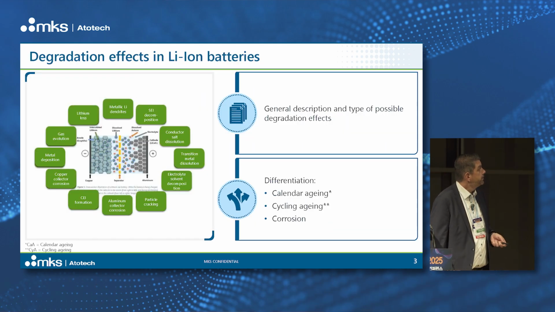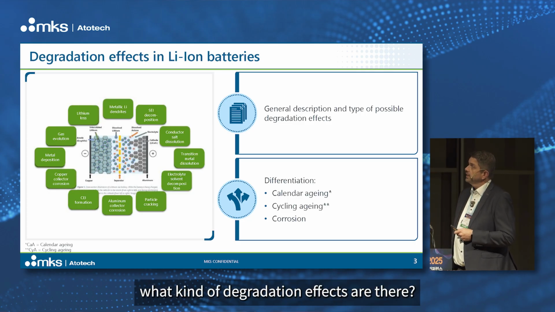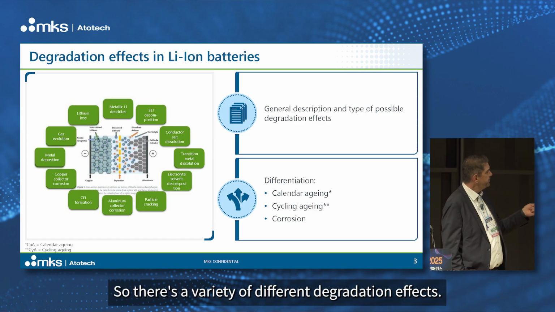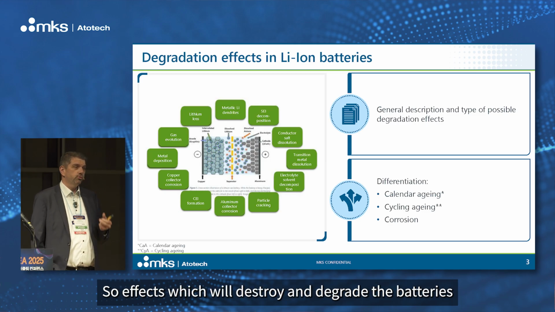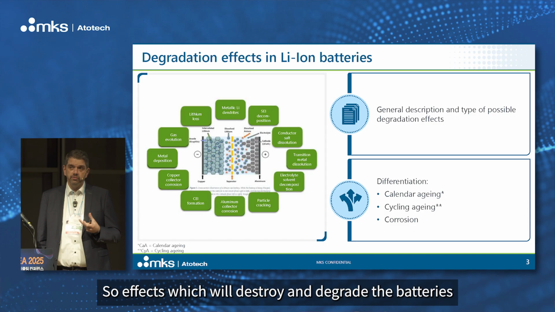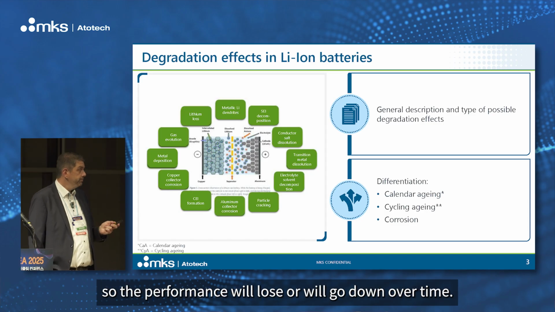When we look in the battery cell itself, what kind of degradation effects are there? There is a variety of different degradation effects, effects which will destroy and degrade the batteries, so the performance will go down over time.